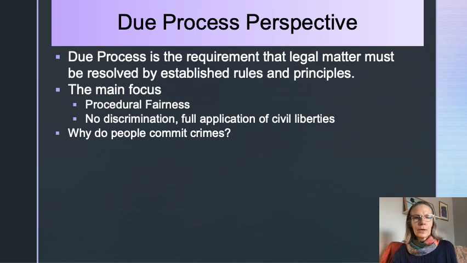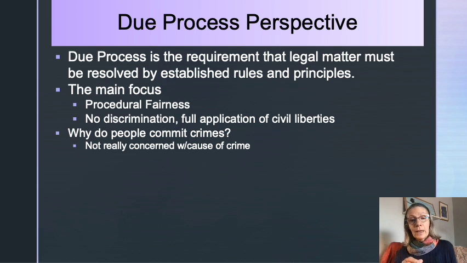From their perspective, why do people commit crimes? Well, on one hand, they're not really concerned about what causes crime. Crime takes place, and those who have been accused of crime need to have due process applied and followed.